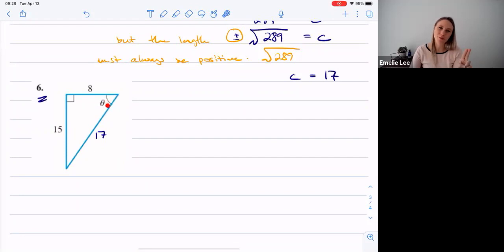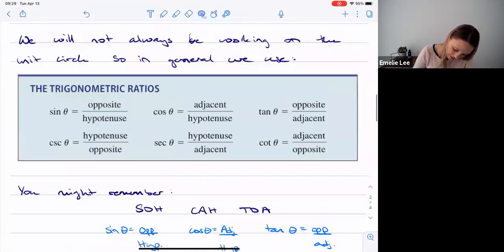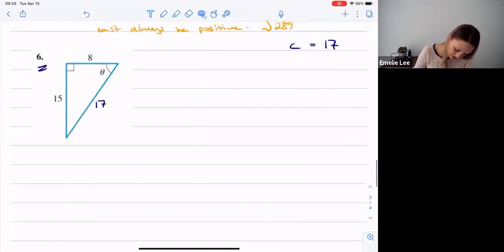From the perspective of theta here, it doesn't matter what this angle is, we can still find what the ratios are. So to save us some writing, I'm just going to copy this here.